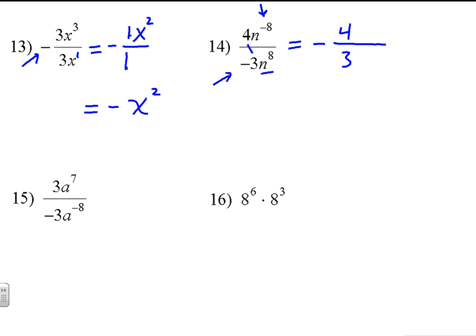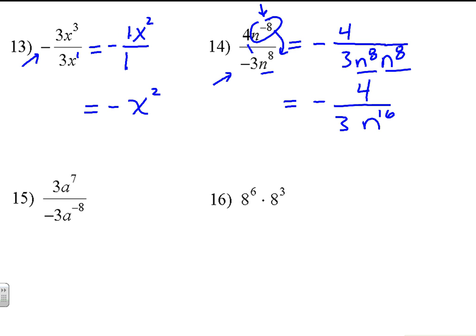N's. These 8 n's are staying, but these 8 n's are going, dropping off the negative on the way down, leaving us with a negative 4 on 3. How many n's? 8 n's, and 8 more n's. 16 n's.